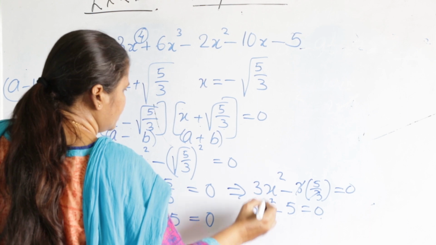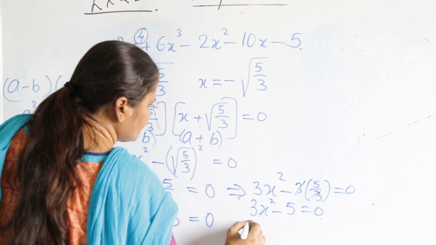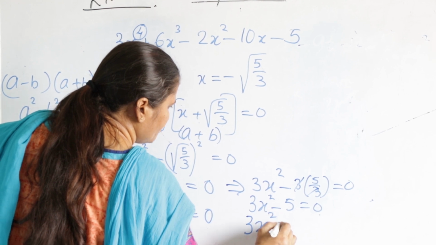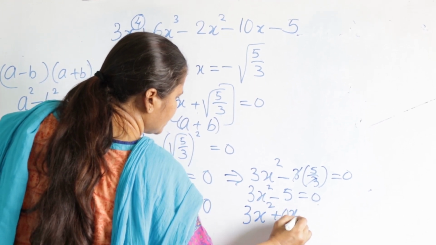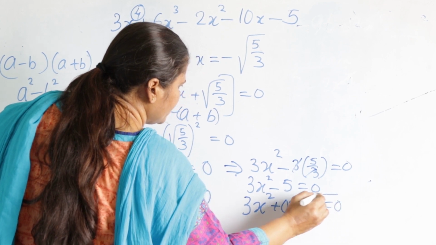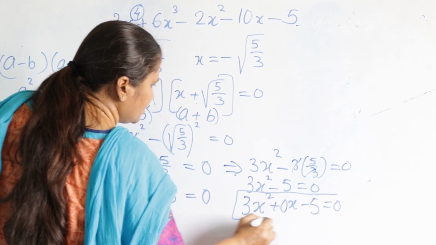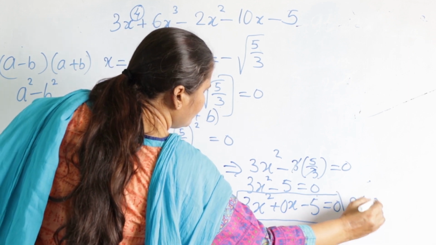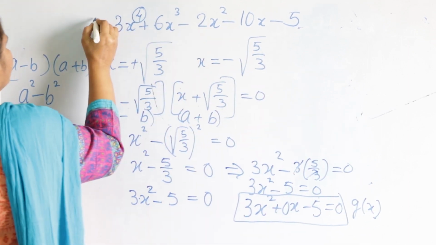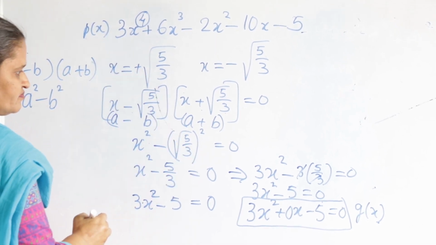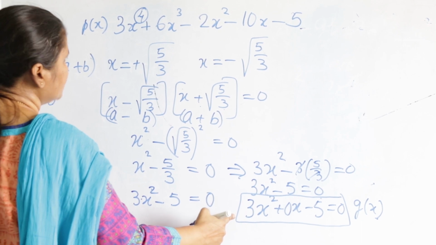When we arrange this in standard form, we get 3x square plus 0x minus 5 equals 0. So what is this, children? This is our g of x and this is our p of x.